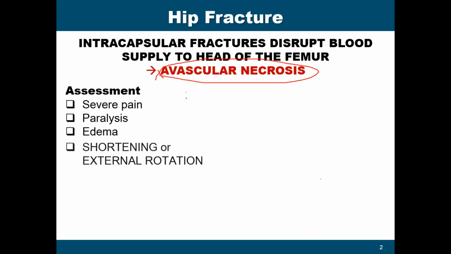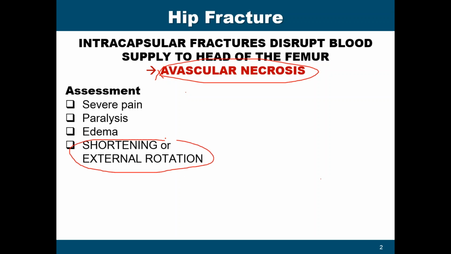Also very common in the NCLEX is shortening and external rotation of the leg. Remember that when you answer in the NCLEX, it is not external or internal rotation, but rather external rotation. It's not lengthening of the extremity, but shortening of the extremity.